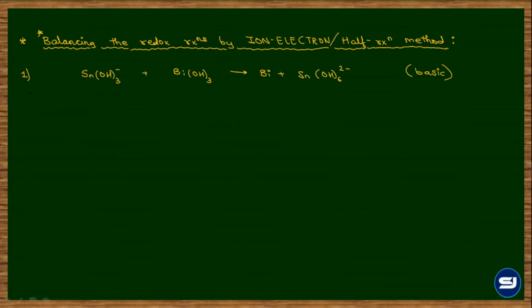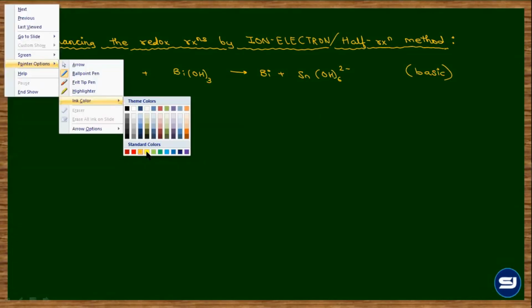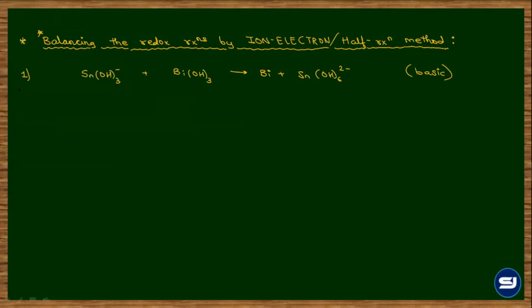Okay. Now, step 1 remains the same. Step 1 is to assign the oxidation number to the species undergoing the change and also balance the atoms barring hydrogen and oxygen. So if you look at Sn and Bi, they are balanced on both sides. Tell me the oxidation state of the species.